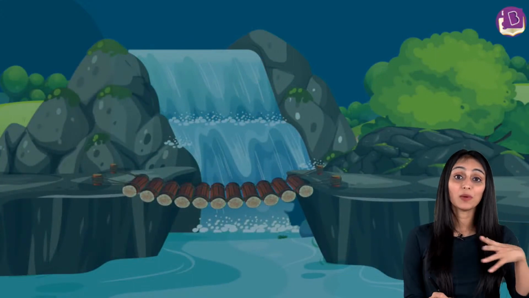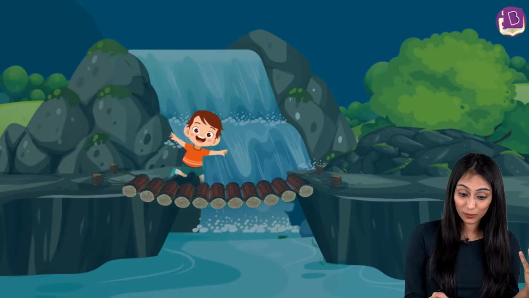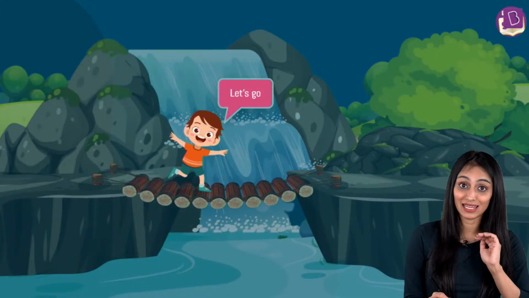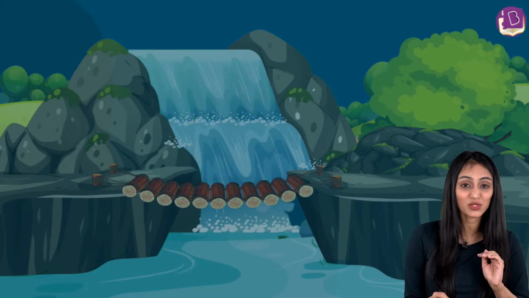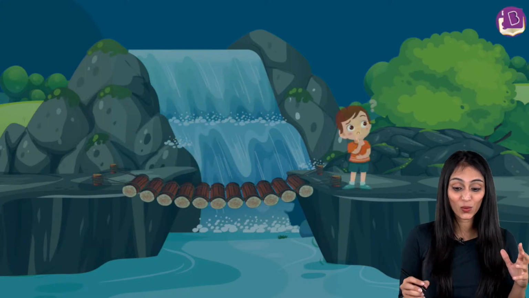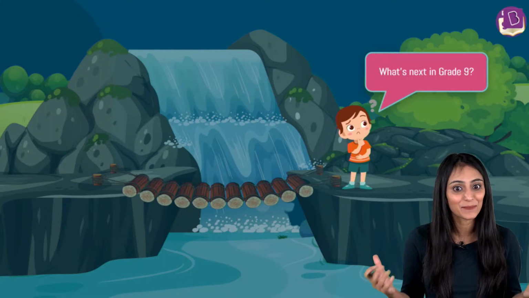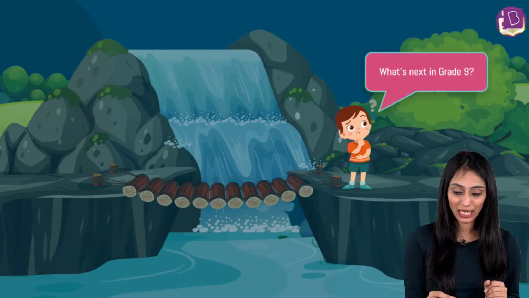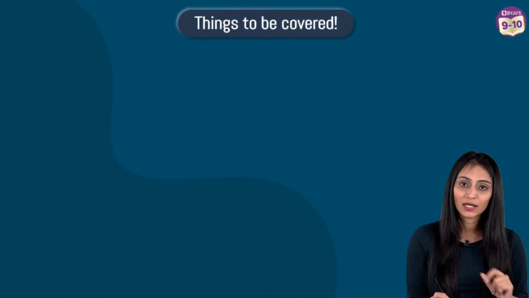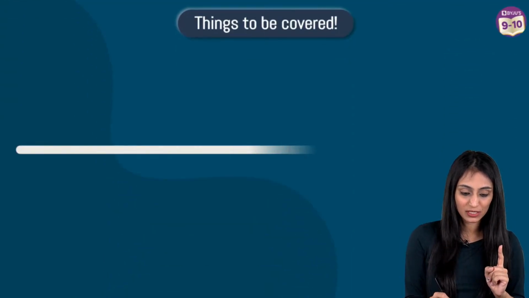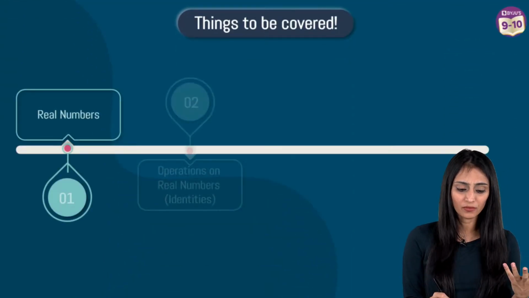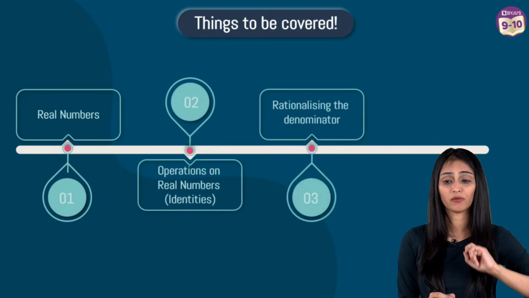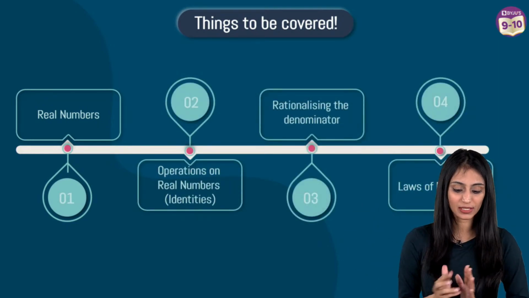All right, so that was about what we have already learned in our previous grade. Now Lavjeet is very excited and he is curious also, like what all we are going to learn in our next grade, right? Just like you must also be curious. What all are we going to learn? So the things that we are going to cover in our very first chapter, that is number system. First, we will be talking about the real numbers, like you all were asking what all is included in real numbers, right?